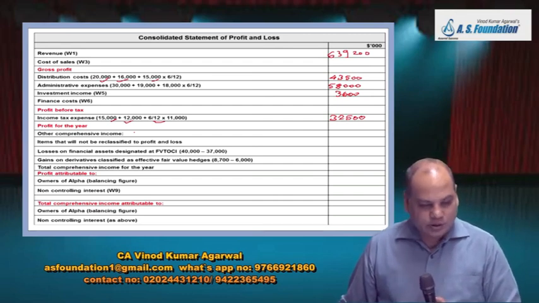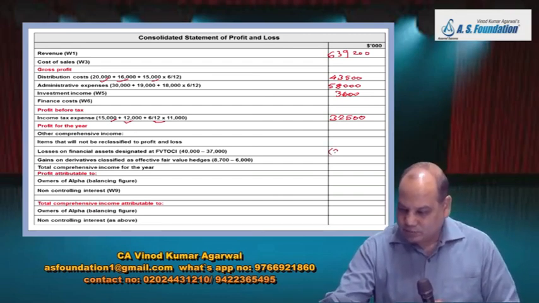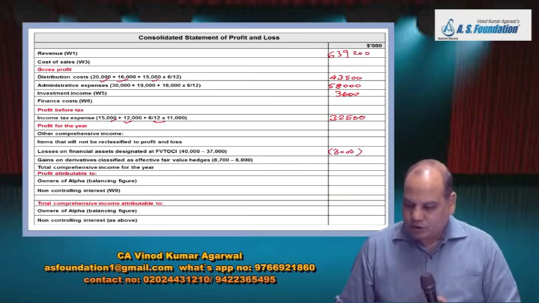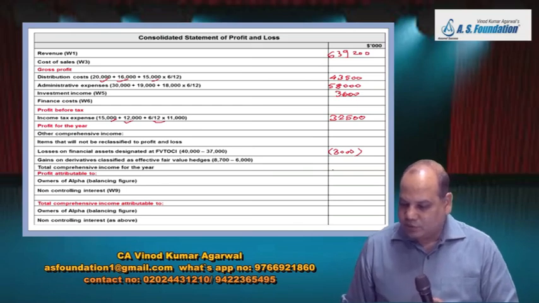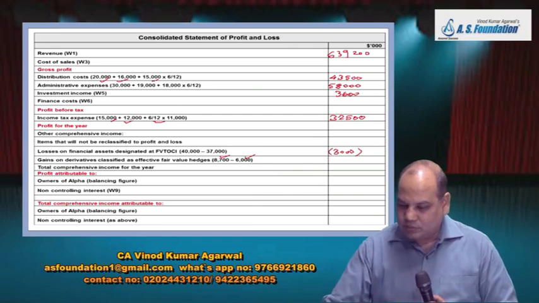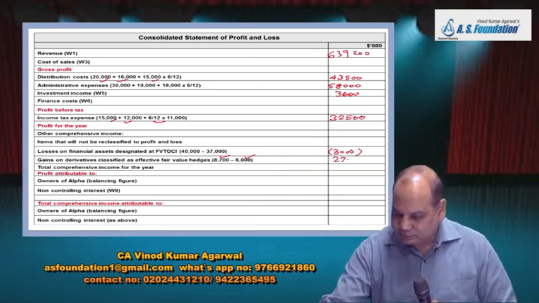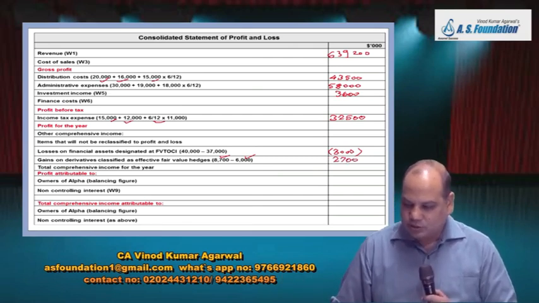So the loss will be recognized, 3,000 in bracket. And to protect this loss, you have used a put option. And put option was purchased for 6,000. That was the fair value when you acquired. And now the fair value is 8,700. So there is a gain on derivative 2,700.